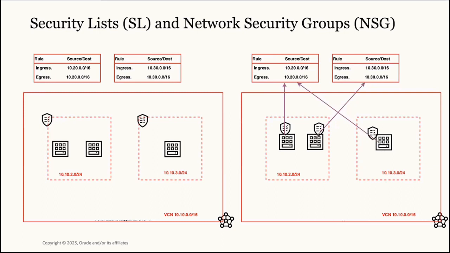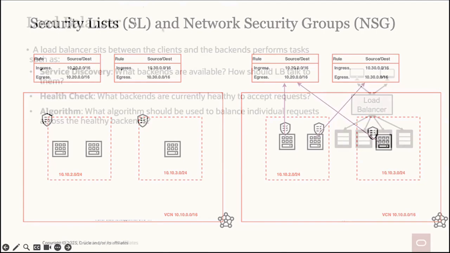But on the other hand, there might be other rules that are a little bit more specific that you would want to create a network security group for, so you can make sure that access is only given to the correct instances. So when going through your networking, it's really important to think about the applications of the rules in your security lists and network security groups so that you can accurately choose where to put different types of rules.